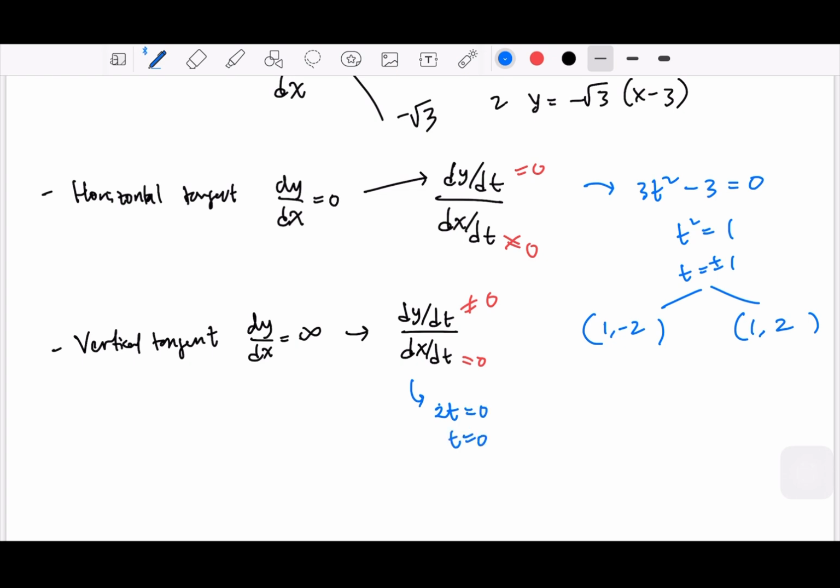T is equal to 0, so the point is (0, 0), the xy point.